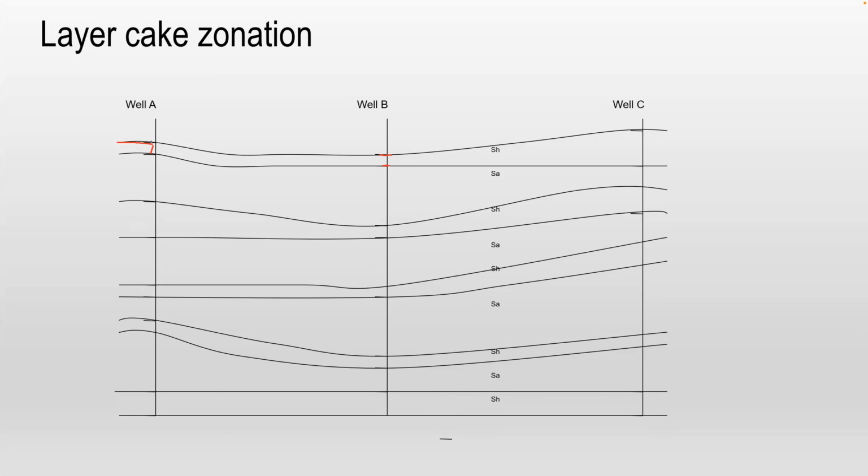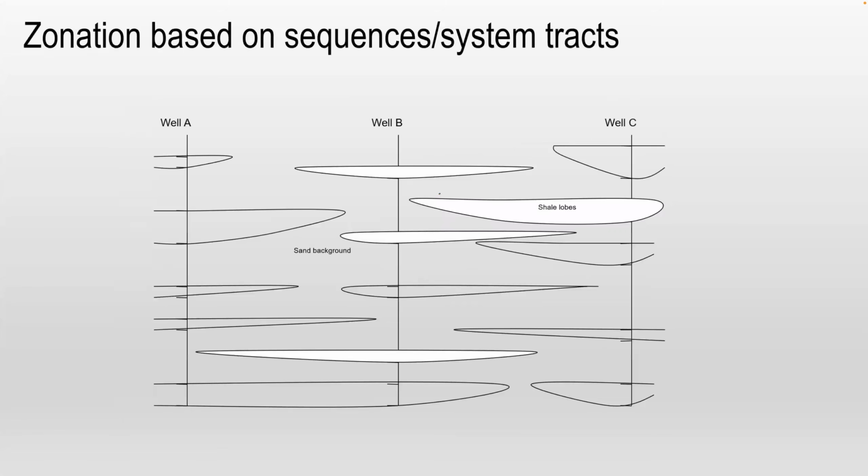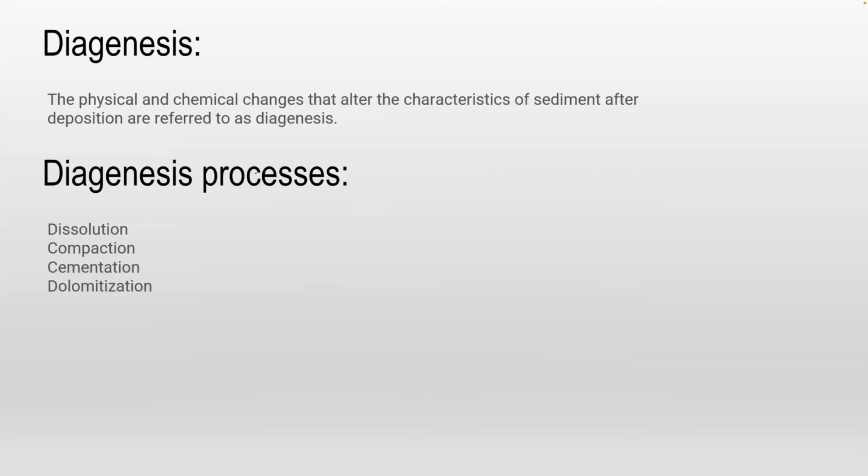For example, in this well, you have shale, you connect them based on shale and also the sandstone, but that's not correct. But look at the zonation based on sequence stratigraphy and systems tract. You can see they actually pinch out in this part, in the eastern part, and also in the western part. So that's the new type of zonation.